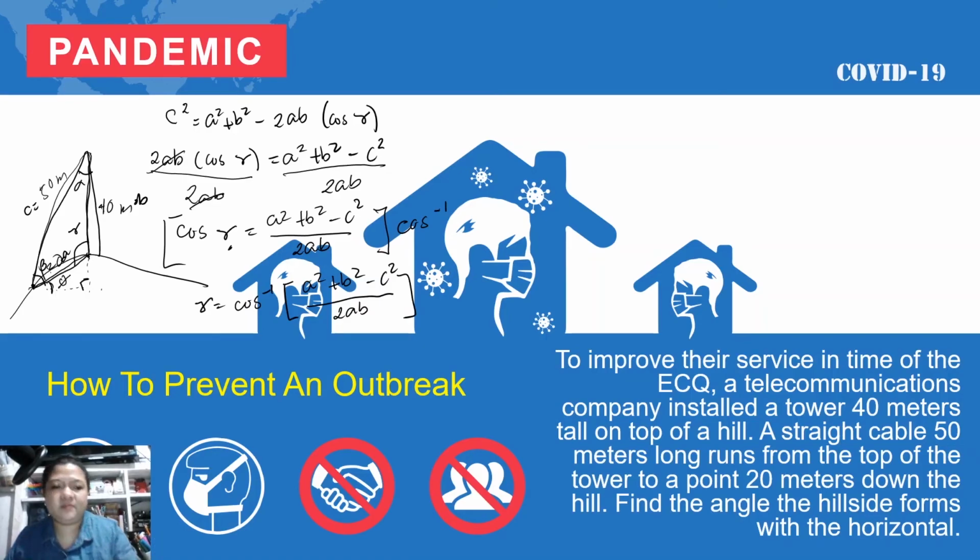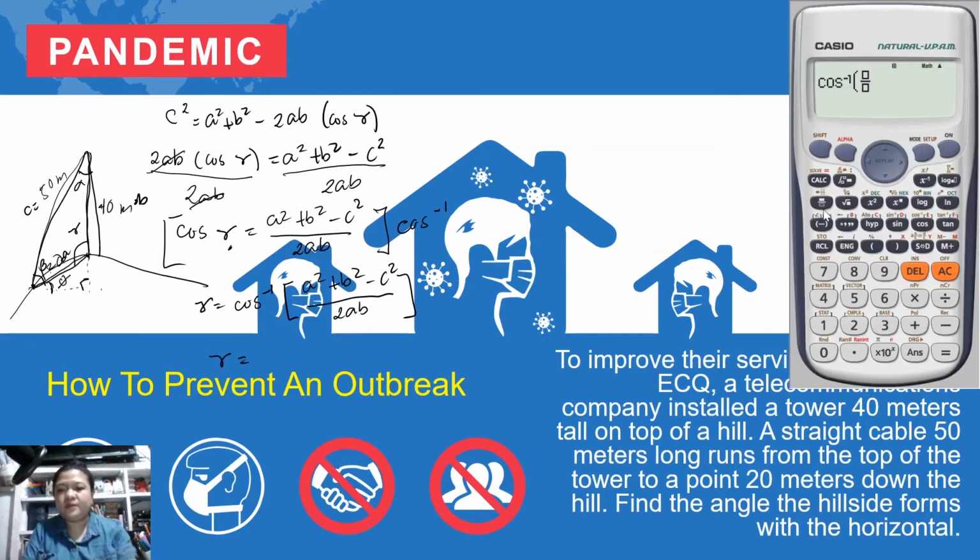Okay, pwede na natin gamitin yung ating calculator para makuha yung value ni gamma. Arc cosine is shift cosine of A squared. So, ang A natin ay 20 squared plus ang ating B dito ay 40. So, 40 squared minus C. Ang C natin ay 50. So, minus 50 squared divided by 2 times AB.